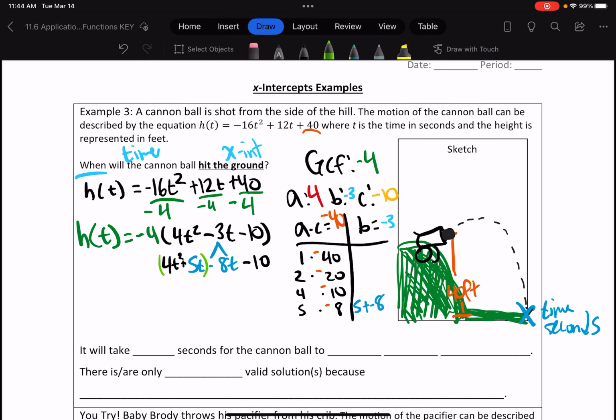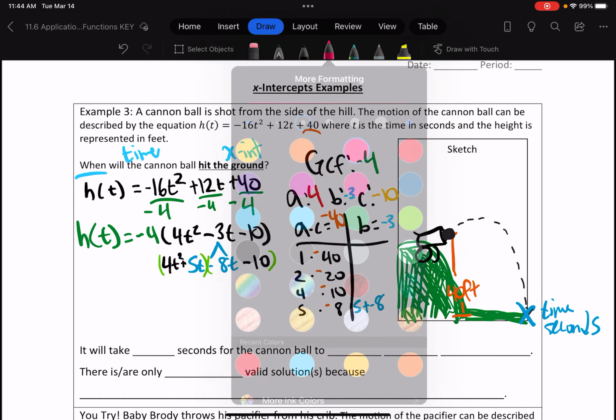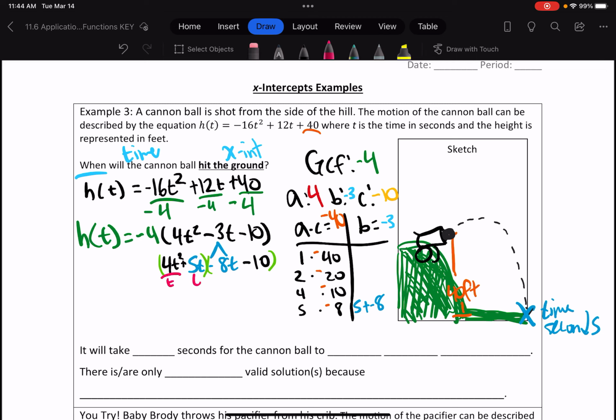I'm now going to factor by grouping. I'm going to factor out a t from my first grouping. So that'll leave me with 4t plus 5. And I'm going to factor out a negative 8 from my second grouping.